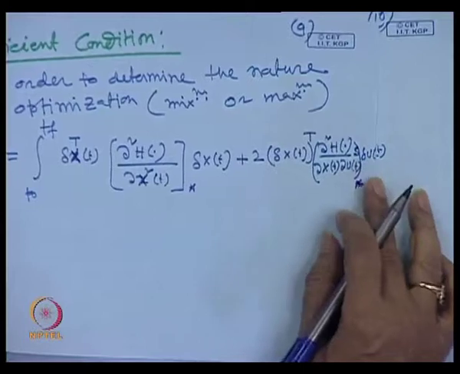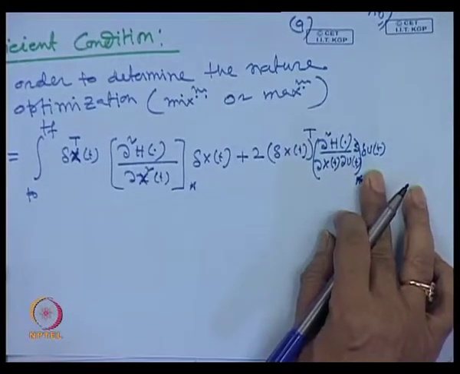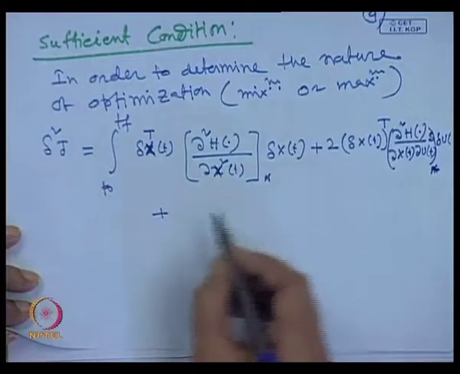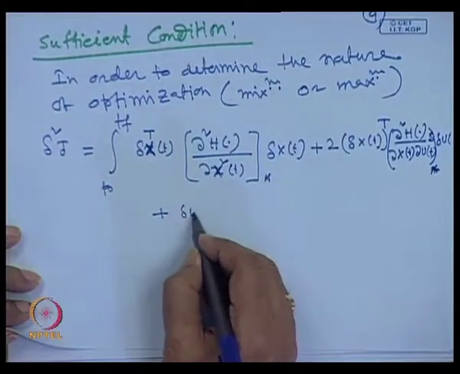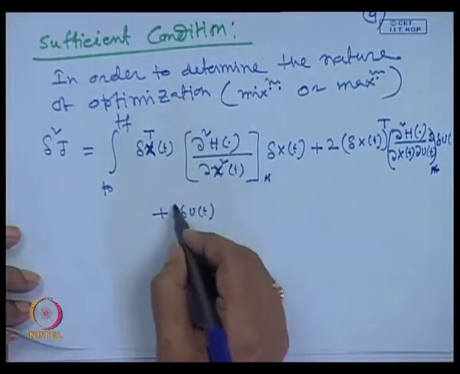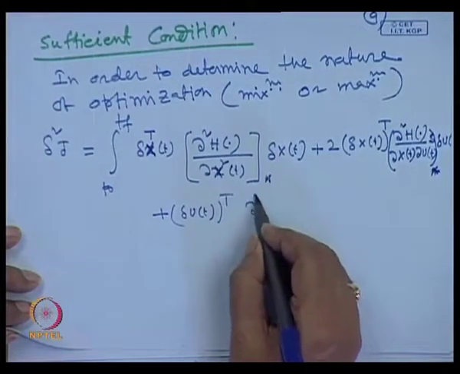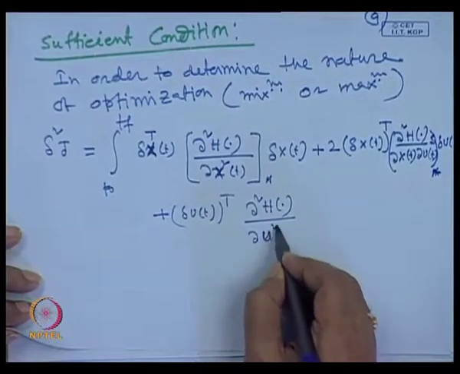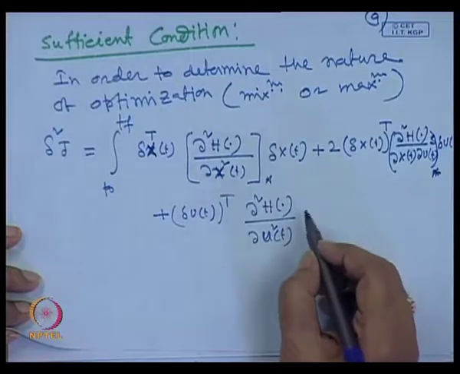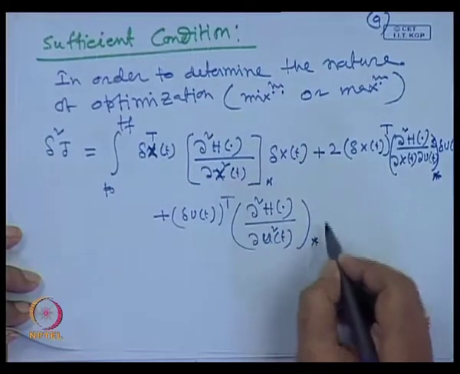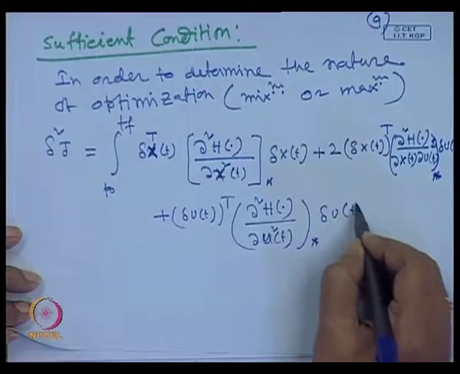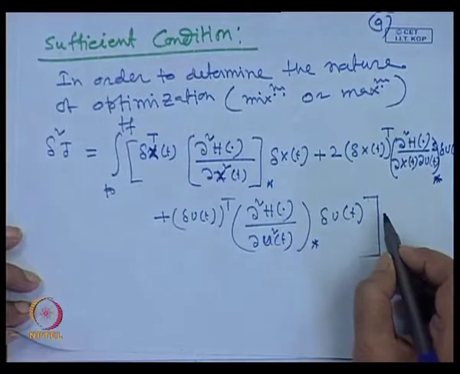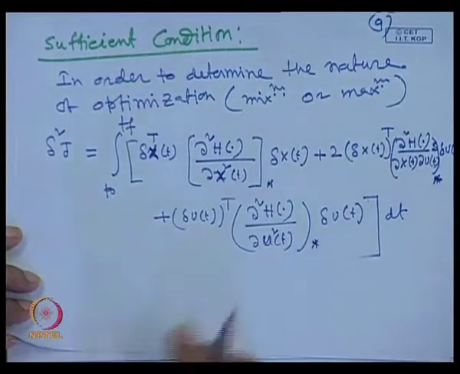plus delta u(t) transpose, the second derivative of L with respect to u squared, times delta u(t), that whole bracket, integrated with respect to dt.